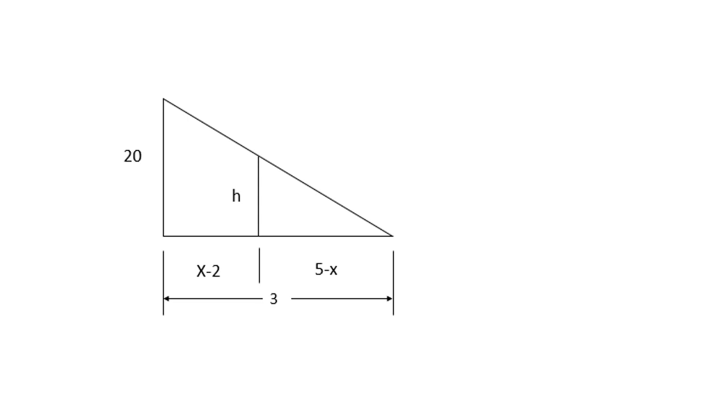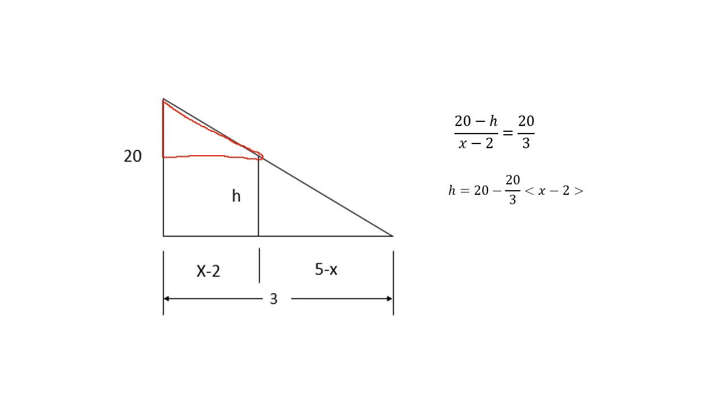Now, we note that I use this triangle here. That triangle has a height of 20 minus h and a base of x minus 2. And by using similar triangles, we have the proportion with 20 over 3. Hence, h would become 20 minus 20 over 3 times x minus 2.